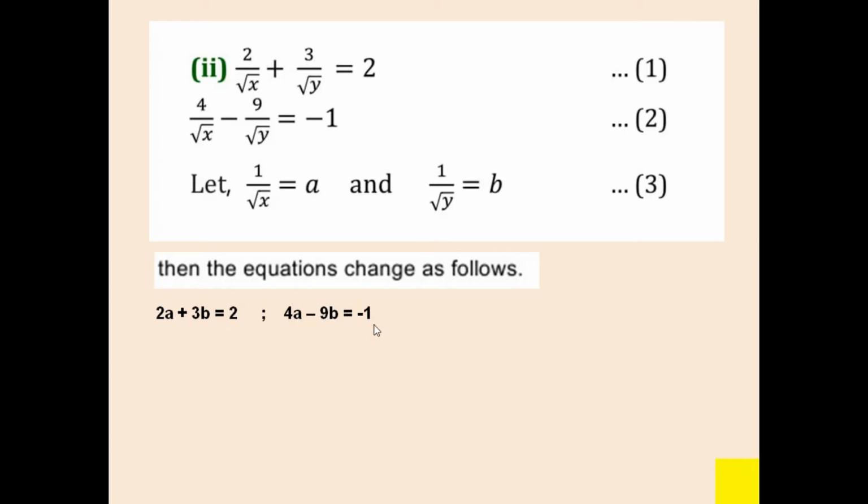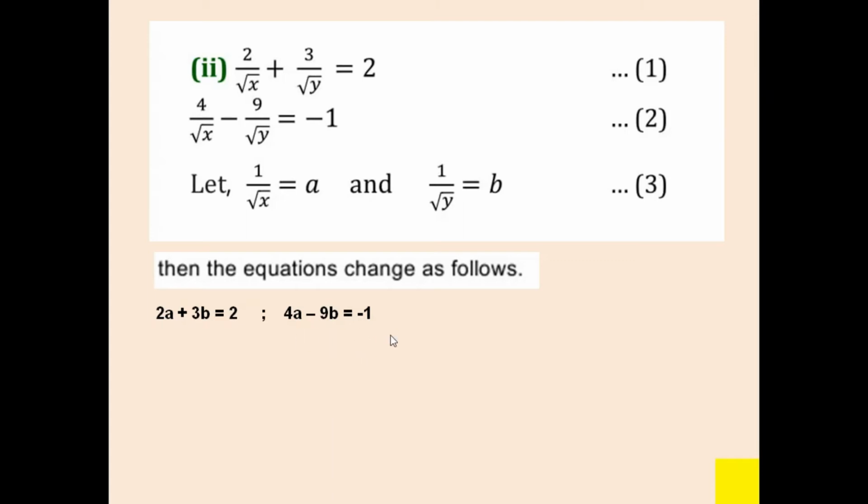Then we solve these two equations. Again, you have three choices to solve. My personal choice would be that I will multiply this equation with 2. When I multiply this equation with 2, this will become 4a, which will match with this. This will become 6b, which will come below this. And this will become 4, which will come below this.